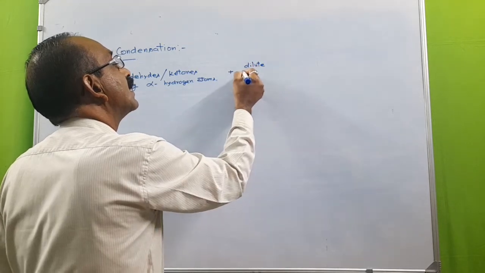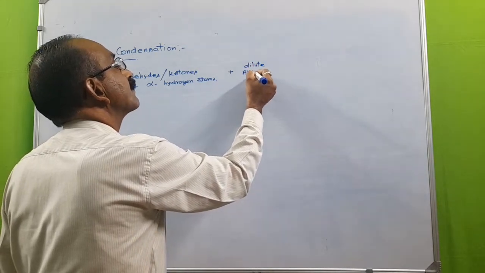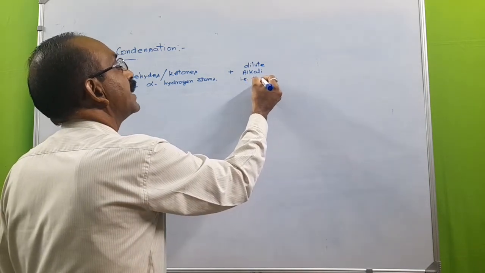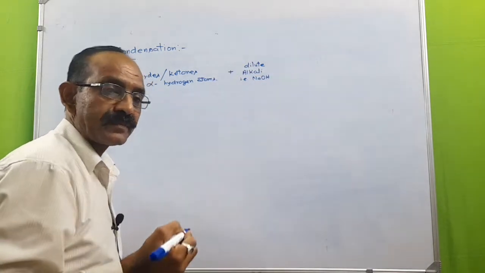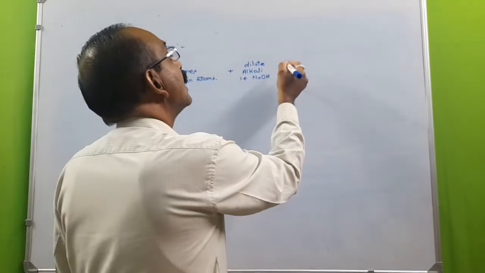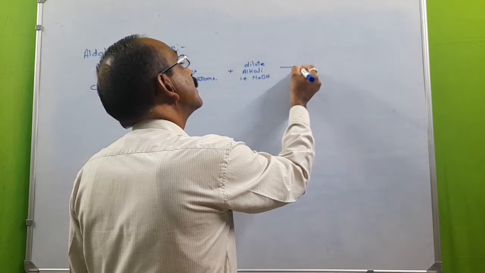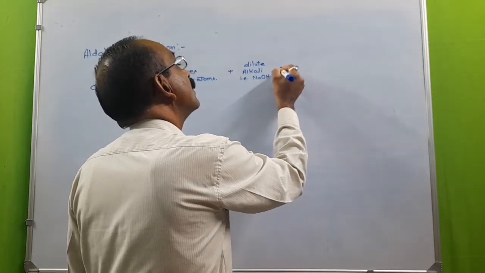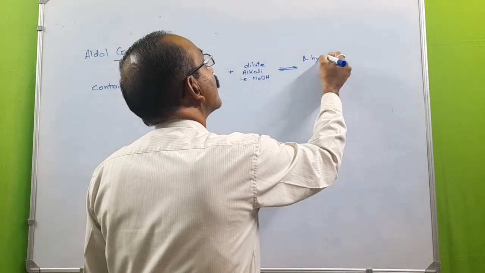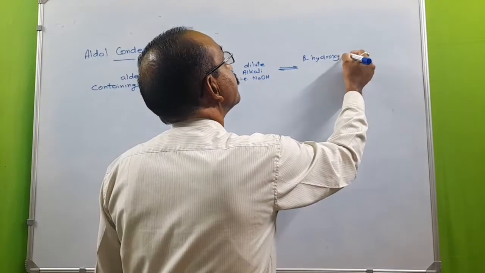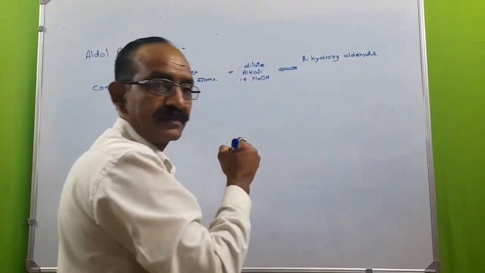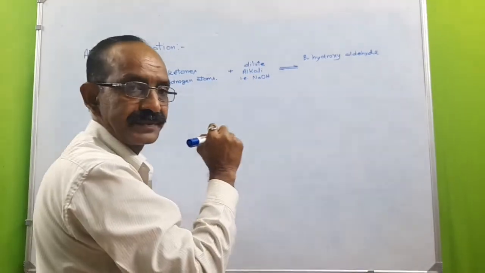So aldehydes and ketones which are having alpha hydrogen, when treated with dilute alkali like NaOH or KOH, condensation occurs, and as a result we obtain a beta hydroxy aldehyde if aldehyde is taken.